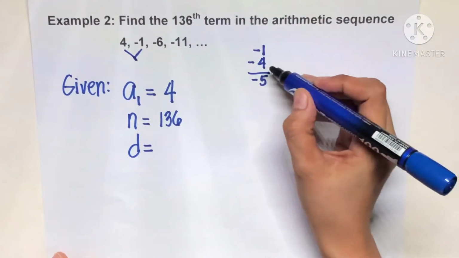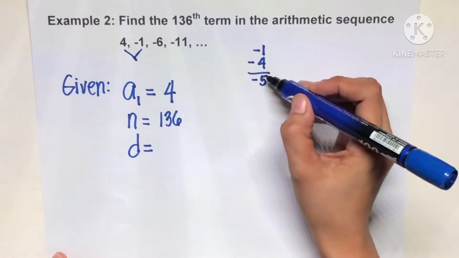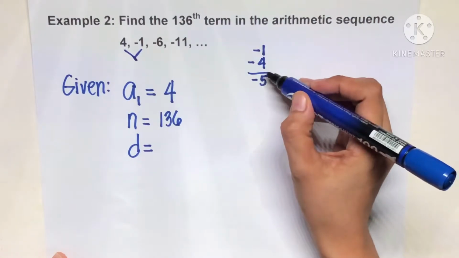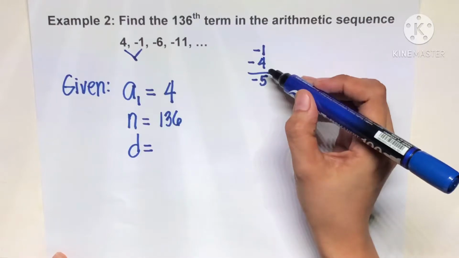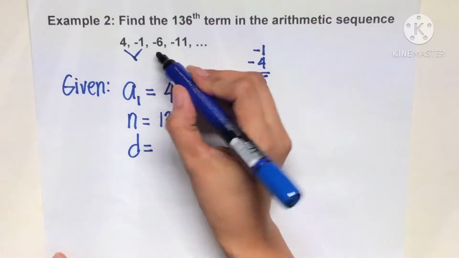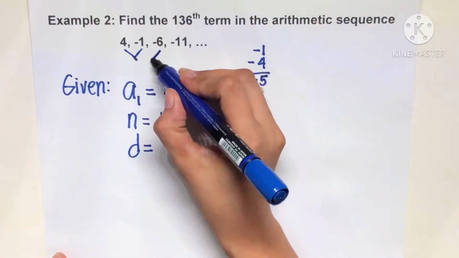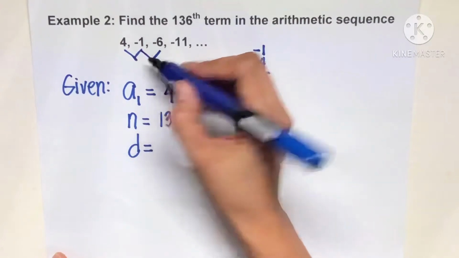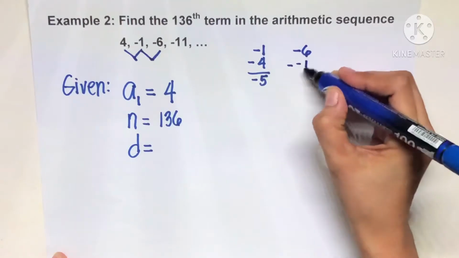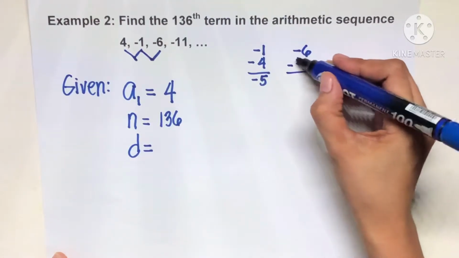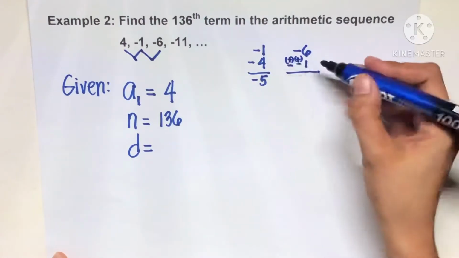Okay, so if you are confused in subtracting integers, you can visit our previous vlog, subtracting integers. Okay, so let's proceed. Let's go back. Negative 6 minus negative 1. Okay, so we will change the sign of the subtrahend, proceed to addition.